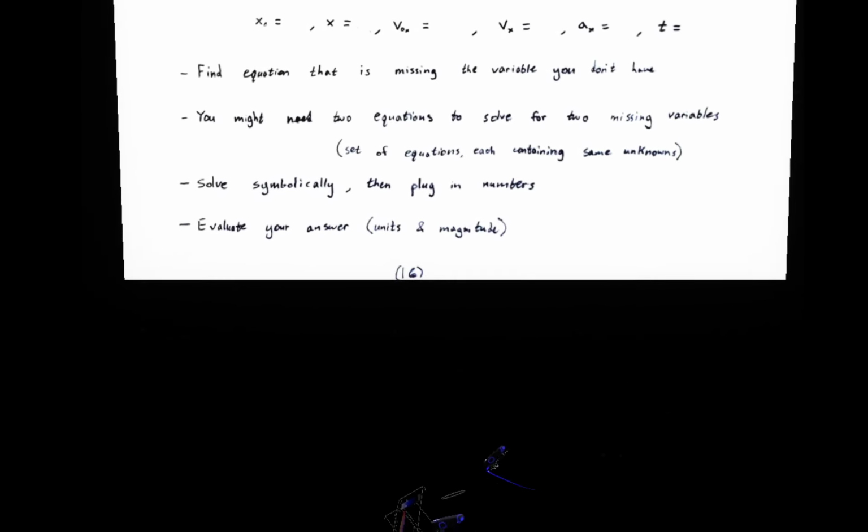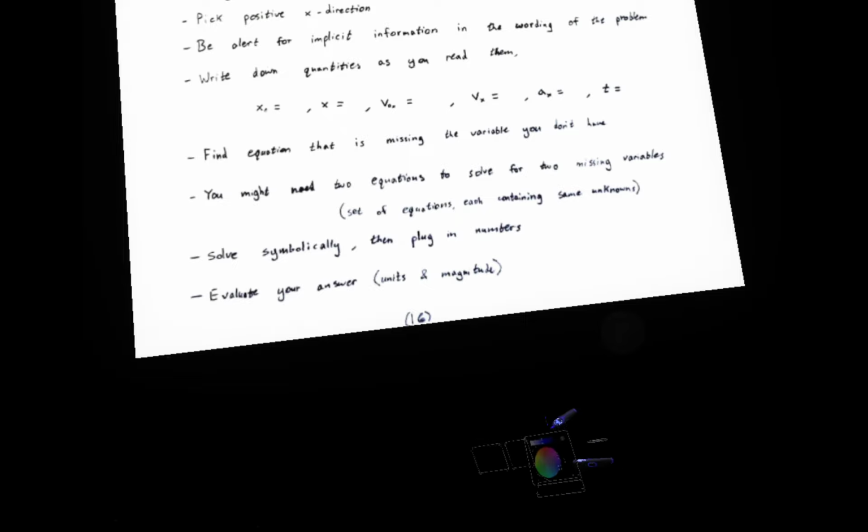Yeah, speaking of units, you want to evaluate your answer in the end and see if what you have makes sense. So if you're talking about a car and you get a velocity at time equals 10 seconds to be 5 million miles per hour, well, you probably did something wrong, right? Cars don't go that fast.